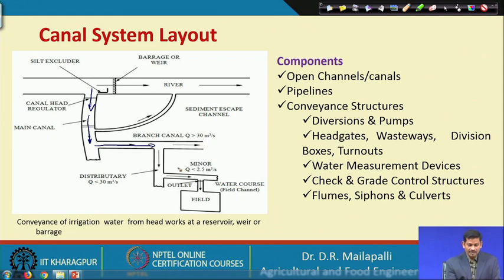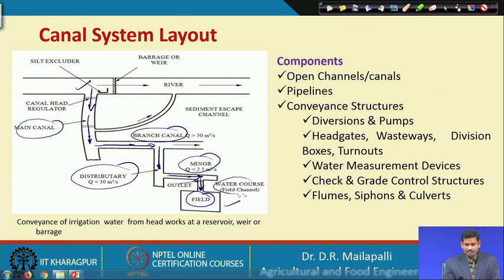From branch canals the distributaries distribute water to different minors, and then the water course, that is the field channel, and then finally it reaches the field. So from river to field, there are different pathways: the main canal, then branch canal, the distributary, the minors, and then the water course, that is the field channels, and finally the field.